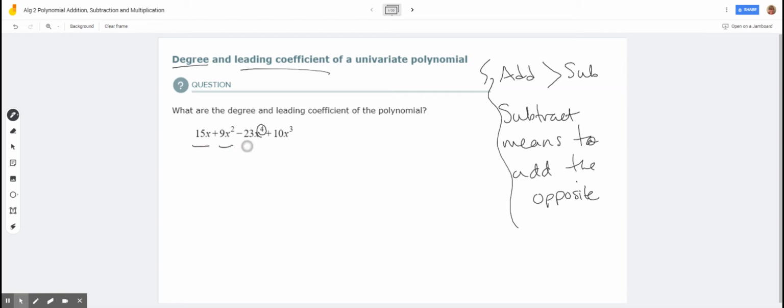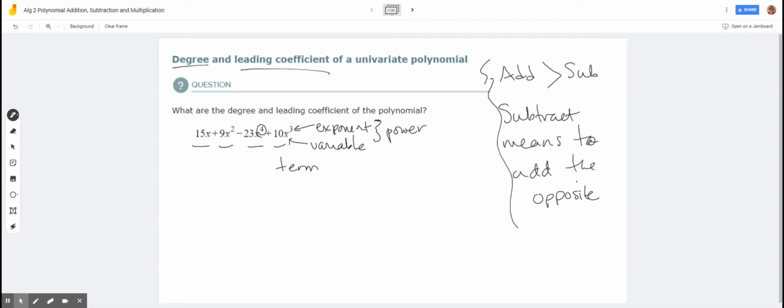Each one of these is called a term. This is the variable, that's the exponent. We call this the power, and the degree is considered the highest power.